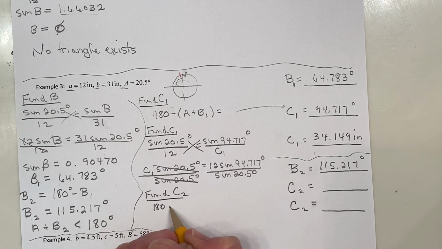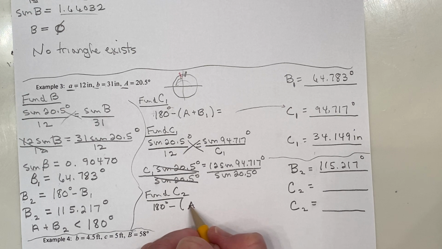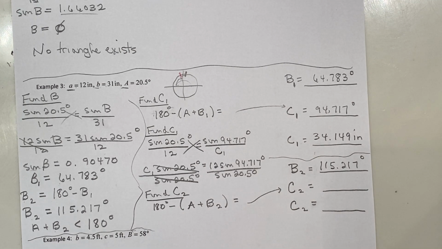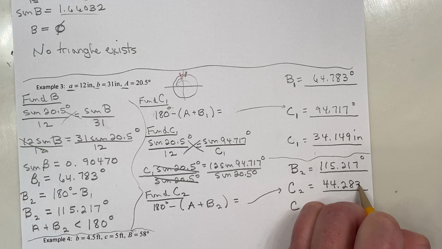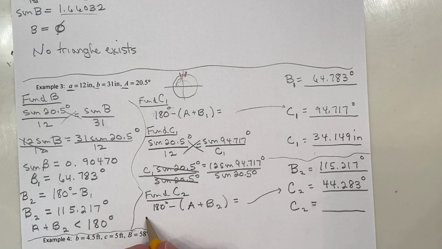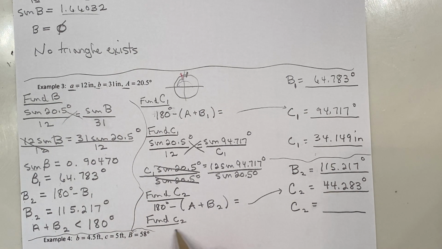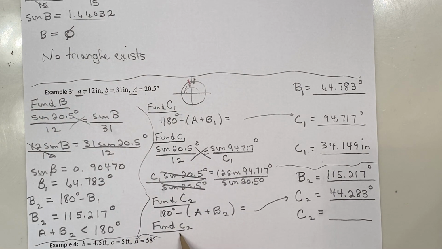Take 180 degrees and subtract the sum of angle A, 20.5 degrees, plus B sub 2. And I got 44.283 degrees. And lastly, let's find side c sub 2, which is across from this angle. I'm still going to use the same given A fraction.